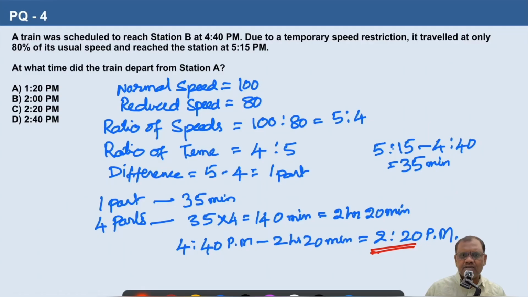So from that we subtract 2 hours 20 minutes.